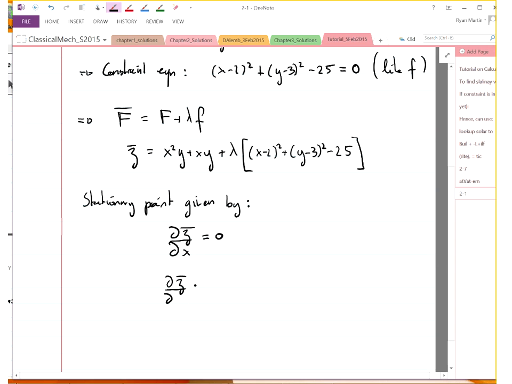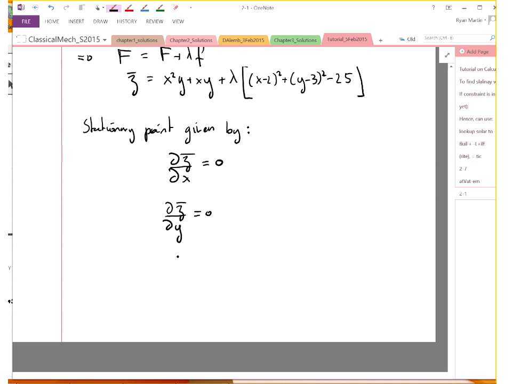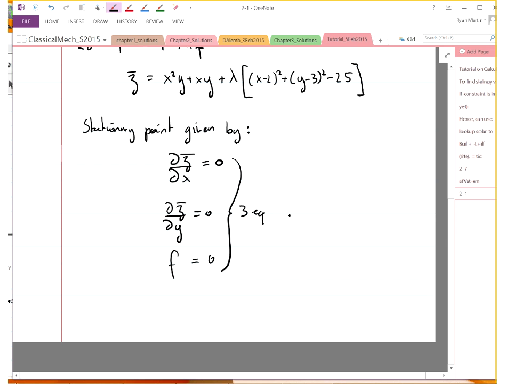That's one equation. You have ∂z̄/∂y equals 0. That's the second equation. And then remember, you still have f equals 0. And so that's three equations, three unknowns. And the three unknowns, of course, are lambda, x, and y.